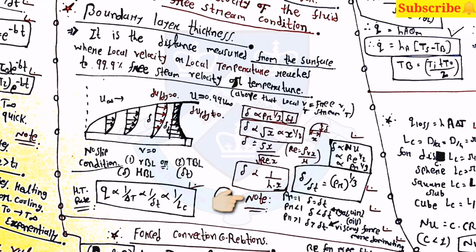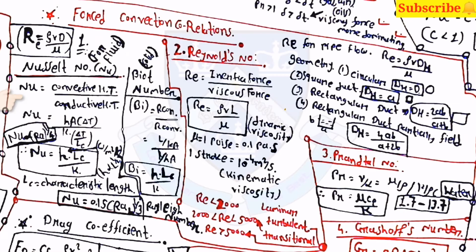Here delta is the hydrodynamic boundary layer thickness and delta T is the thermal boundary layer thickness.